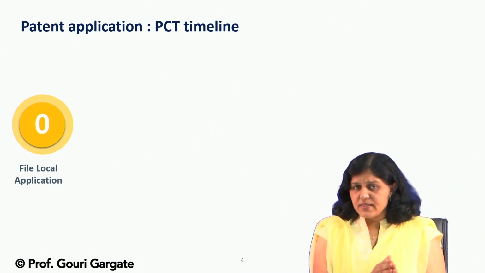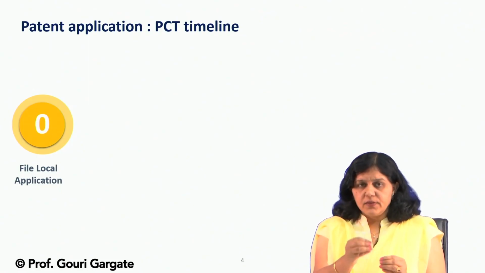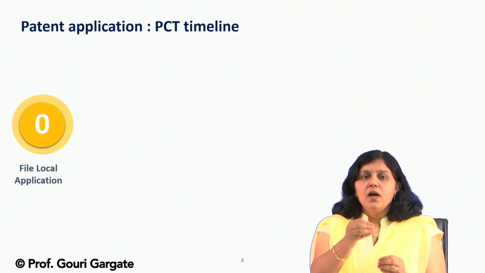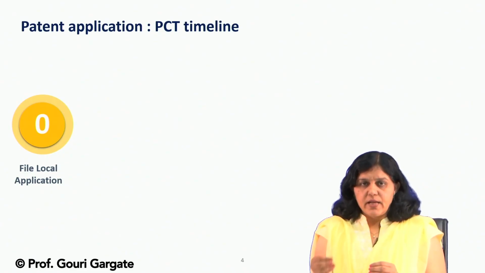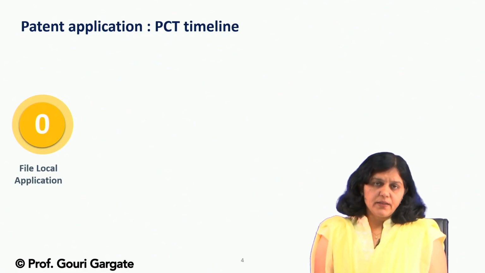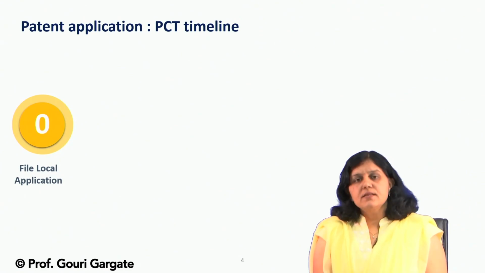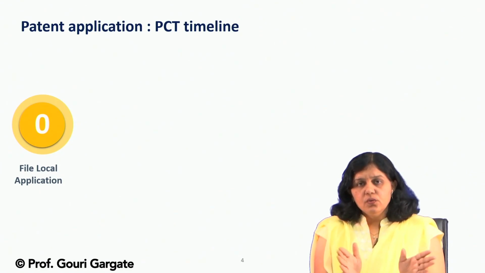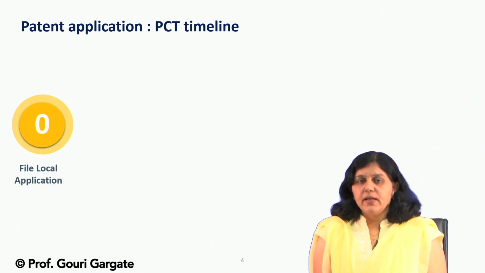It is just the facilitation. Obviously, after that particular period, the applicant has to enter the national phase and file the application for the patent in the particular country's patent office, but this is a facilitation, an easy way to do the filing of the patent.